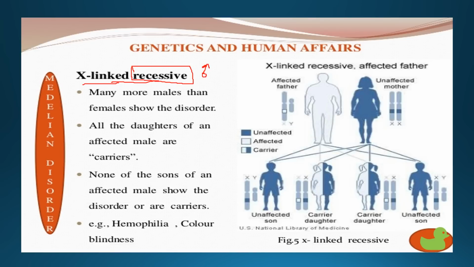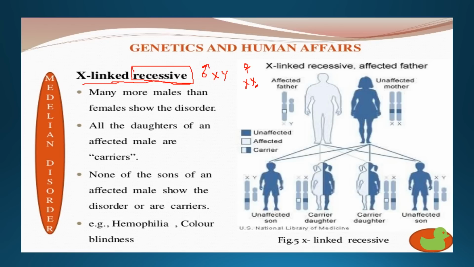The reason for that is, the male child inherits the X chromosome from the mother, and the Y chromosome is inherited from the father. Whereas the daughter inherits one X chromosome from the mother and the other X chromosome from the father. If the father has the mutant one, that single mutant one is not sufficient to show its effect in case of recessive disease.